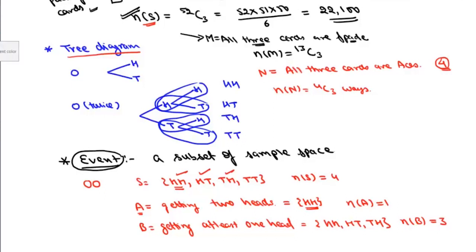Now there will be some cases where the sample space will have either a countably infinite number of points or an uncountably infinite number of points. In such cases, we can neither write the sample space nor the number of elements in it.